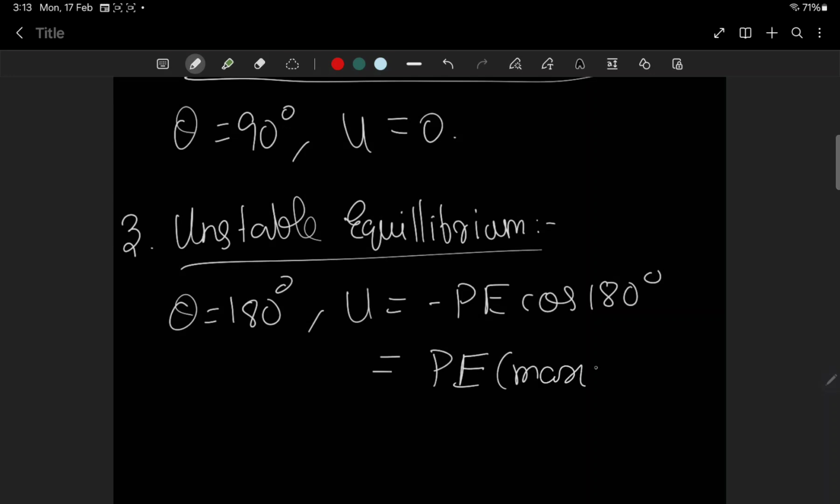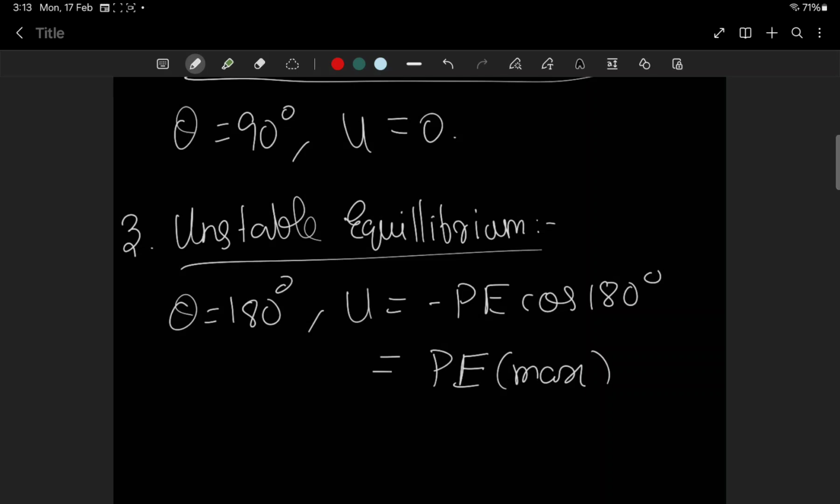Energy is maximum, therefore it is unstable equilibrium. Always a substance wants to decrease its energy. When it is at a high energy, it is unstable; when it is at low energy, it is stable. High energy is instability and low energy is stability. That way we call this unstable equilibrium because of high energy, and minus PE is called stable equilibrium because of its lowest energy.